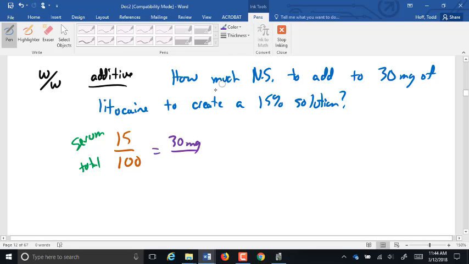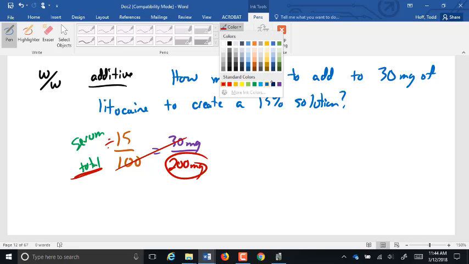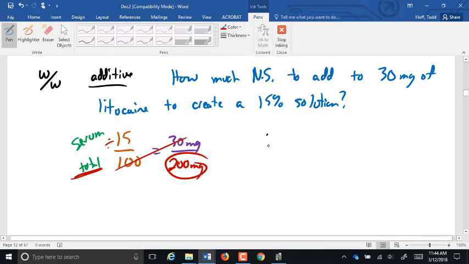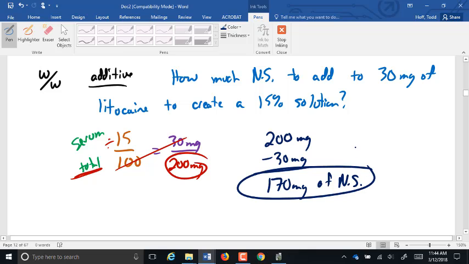We'll cross multiply and divide. 100 times 30 divided by 15 is 200 milligrams. That 200 milligrams is the total solution, but we can simply subtract 200 minus 30 to get 170 milligrams of saline that would be added. That's the advantage of using the weight and weight solution.